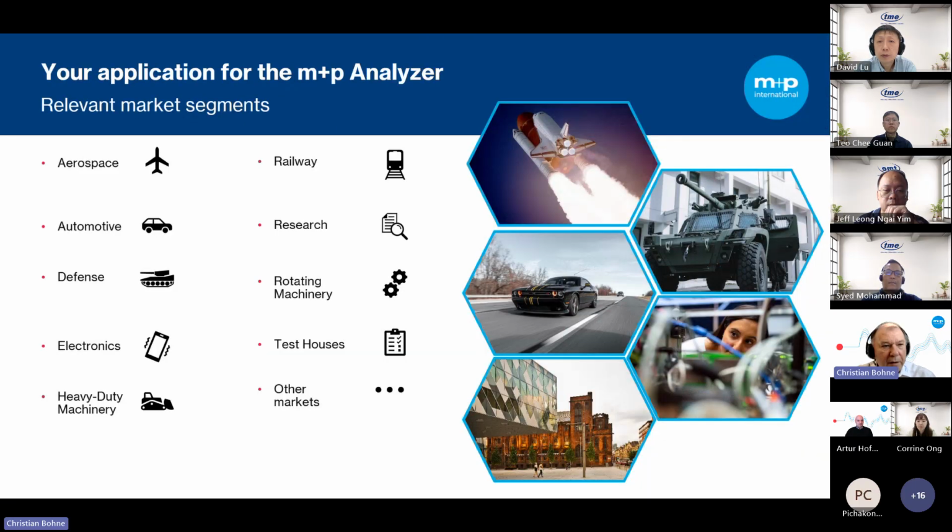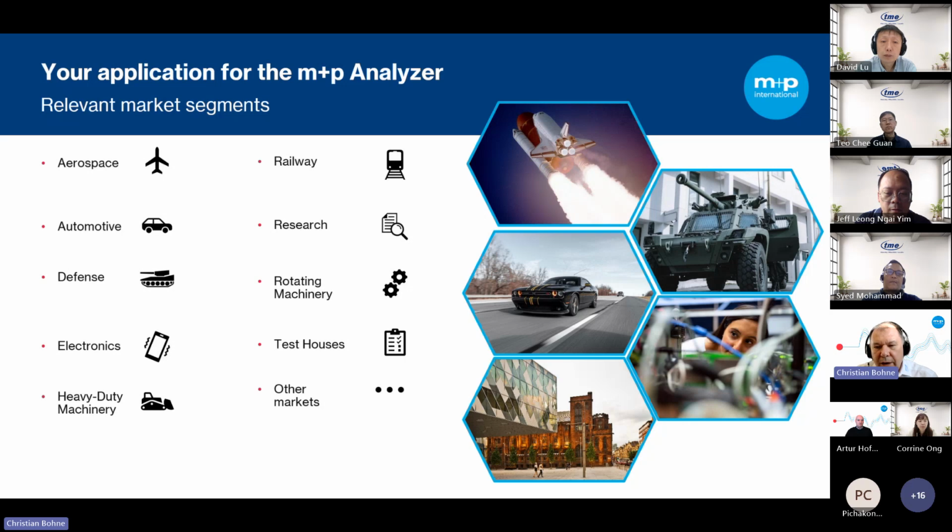Here a short overview of the markets where we are selling our analyzer. You look at aerospace, automotive, defense, railway, research, rotating machinery, test houses, heavy duty machinery, and of course also other markets. I don't want to show all the references, but here just a few. Many customers are in the aerospace market, such as NASA in the US with really several sites.